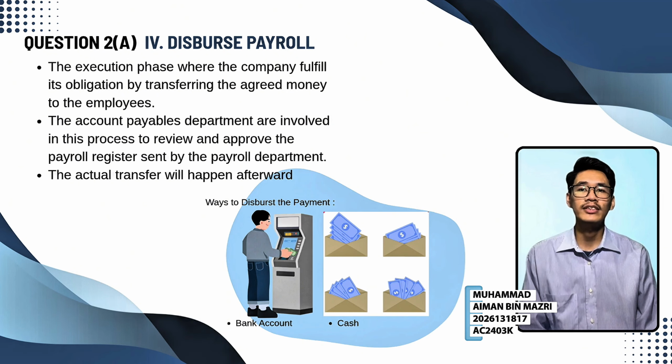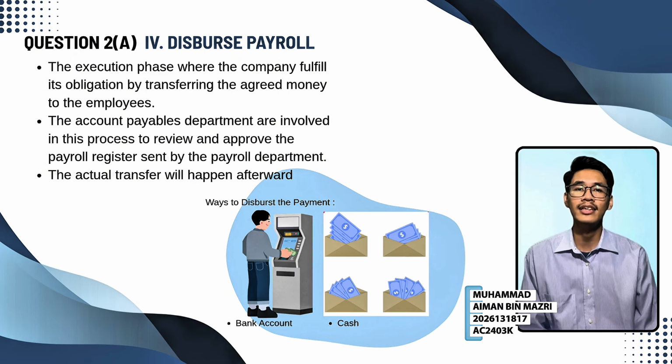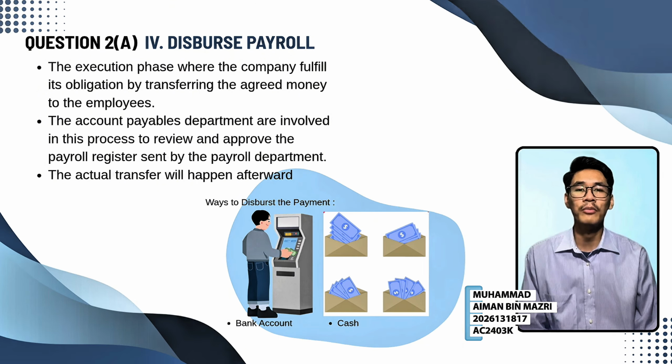Then, the actual transfer will happen afterwards. There are many ways to disburse the payment to the employees, such as crediting it into the employee's bank account, or, in the situation of Roses Hills Enterprise, the responsible clerk will prepare cash and insert it in an envelope and pass it to the employees.